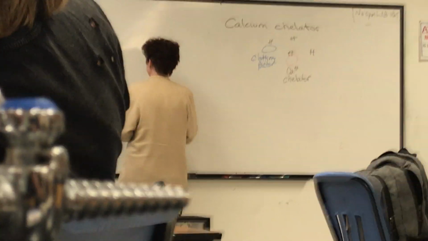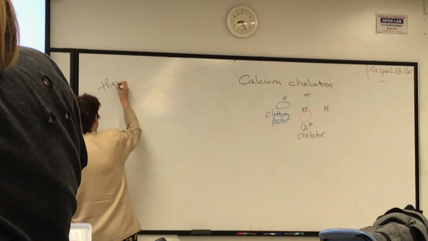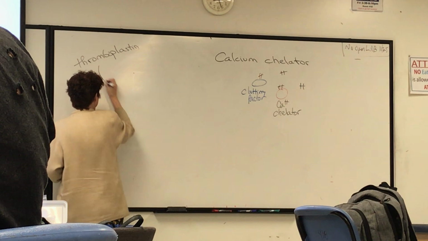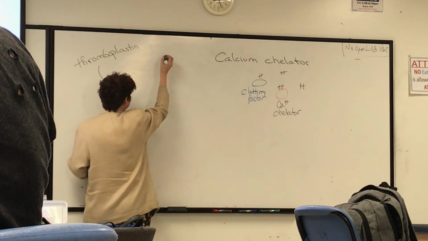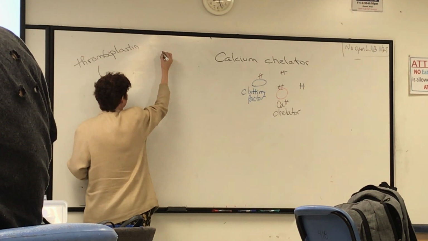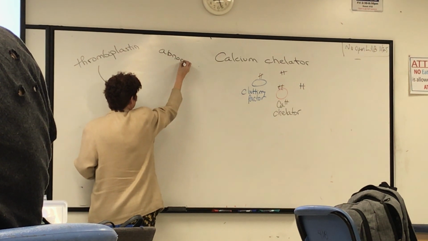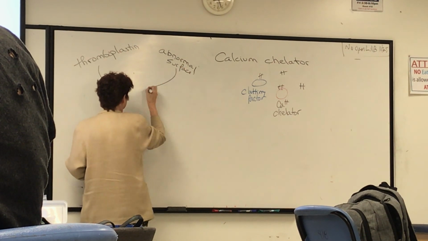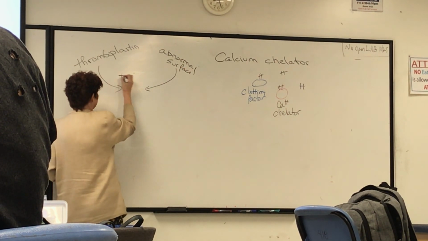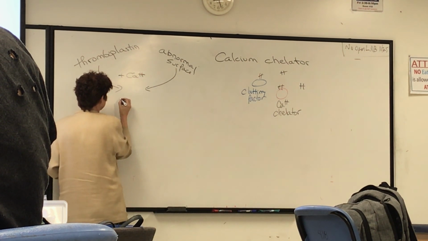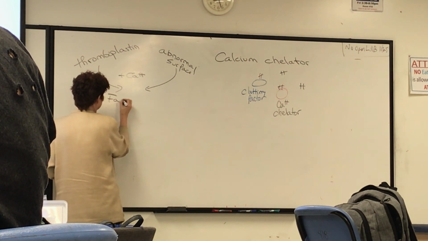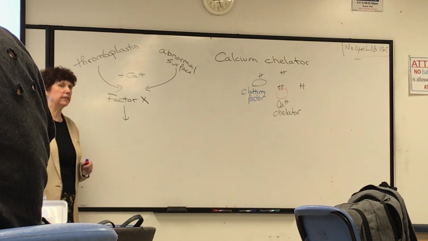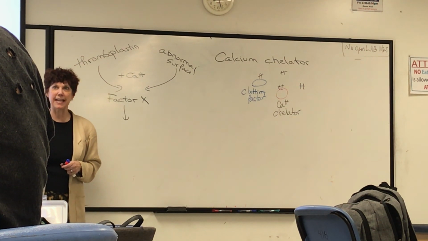So whether or not we've added thromboplastin, or we have an abnormal surface, with calcium, we're going to activate factor 10, which is going to activate an enzyme called prothrombinase.